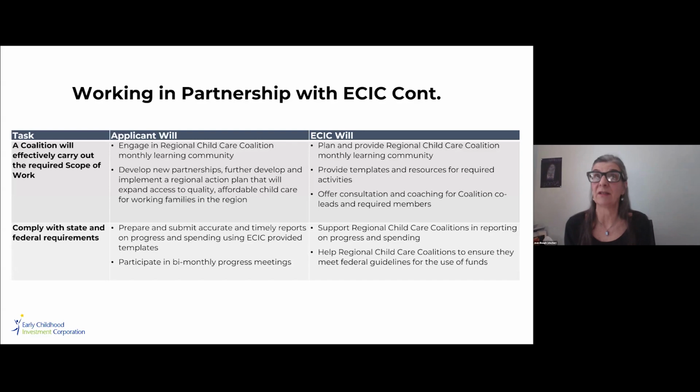So we will need to make the case for regional coalition funds to continue to potentially expand. And that will be work that we will need to do together. And through the reporting that you do and being timely with that, you help us to be able to do that very effectively with the department and in partnership with you with the legislature.